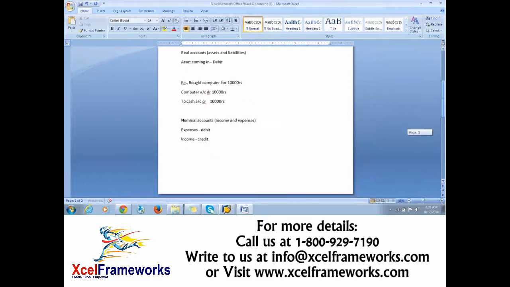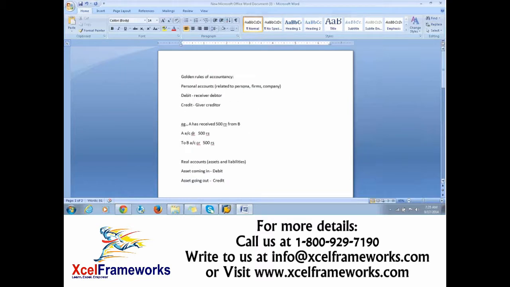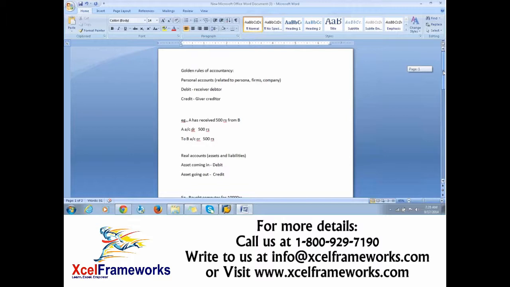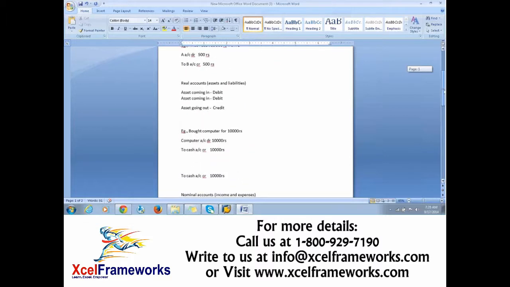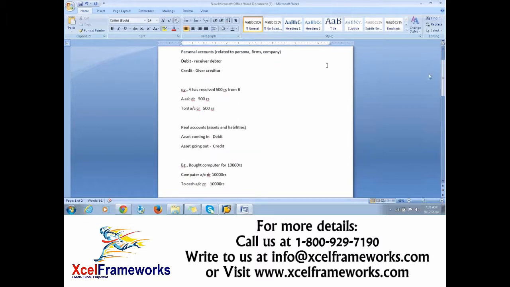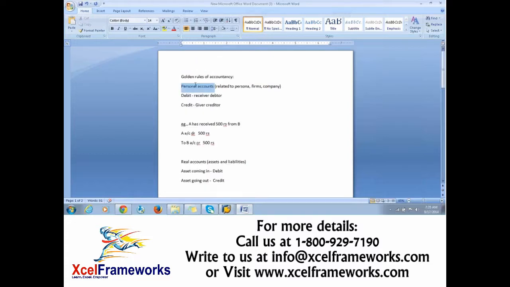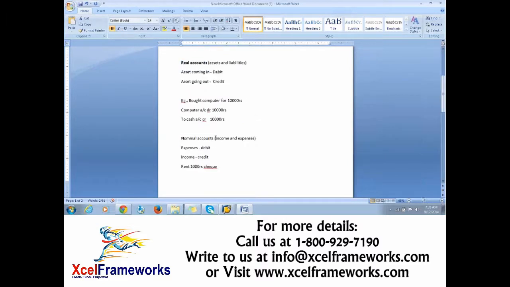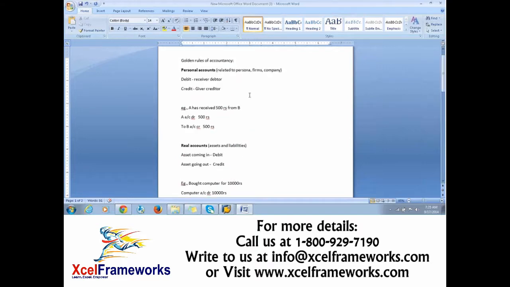So in case any explanation is needed, I can repeat once again. So you understood personal accounts, real accounts and nominal accounts. 3 types of accounts are there: personal, real and nominal accounts. And you have to remember the rules in it.